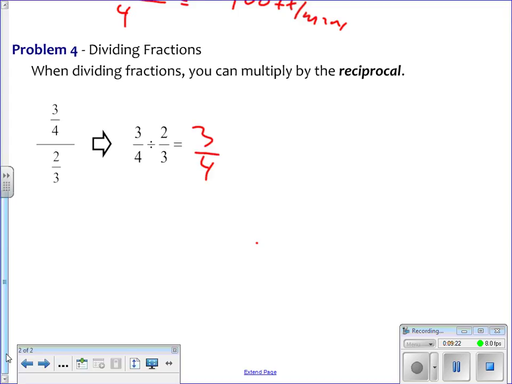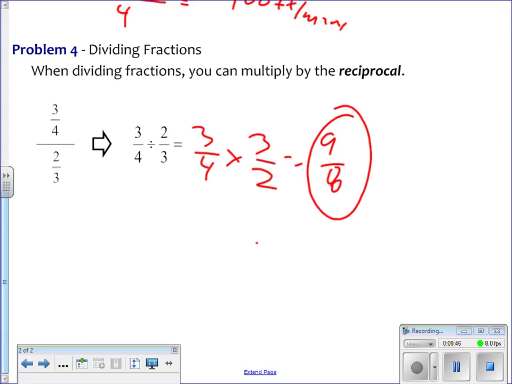So you have 3/4 times 3/2. You take the second fraction and flip it over. That's the rule. You cannot simplify ahead of time. 9/8. And my rule is leave it improper. Don't write it as a mixed number, leave it improper.